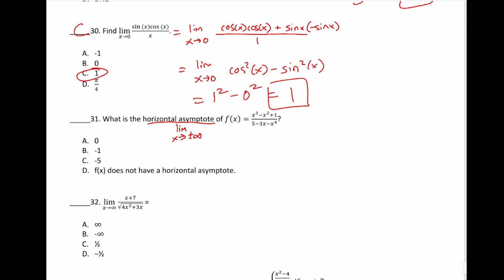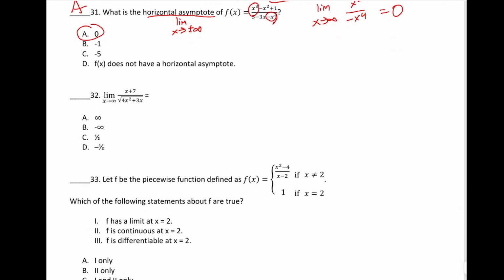When you have a rational function and it's just a polynomial divided by another polynomial, you really just want to look at the leading terms. So basically what we want to find is the limit as x approaches infinity of x cubed over negative x to the fourth. And if your denominator is growing faster than the numerator, no matter what else is going on, this thing is just going to be 0. So we've got a horizontal asymptote that is 0.